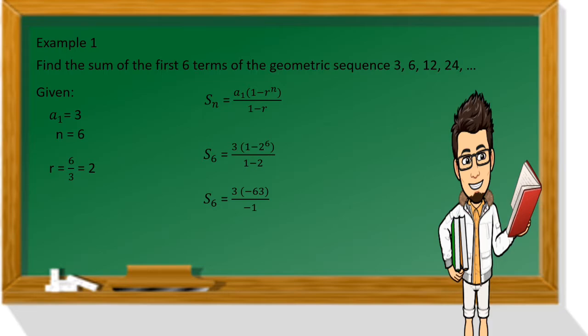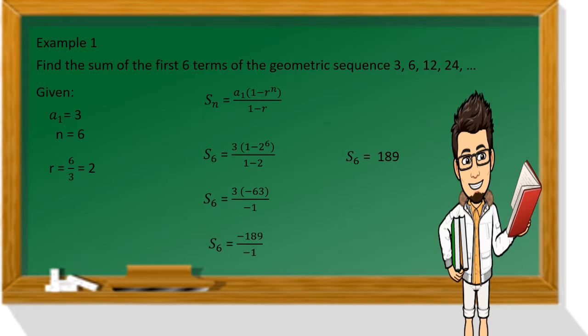Then we are going to multiply 3 with negative 63. So we have S sub 6 is equal to negative 189 all over negative 1. This time we are going to divide negative 189 by negative 1. So we got S sub 6 is equal to 189.